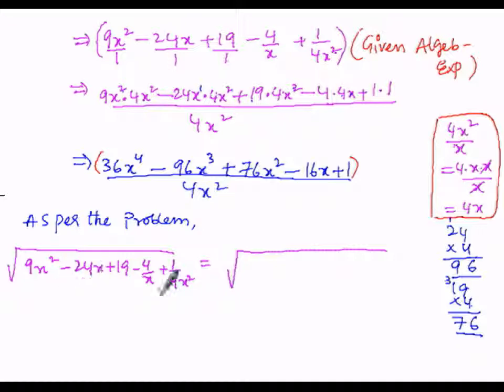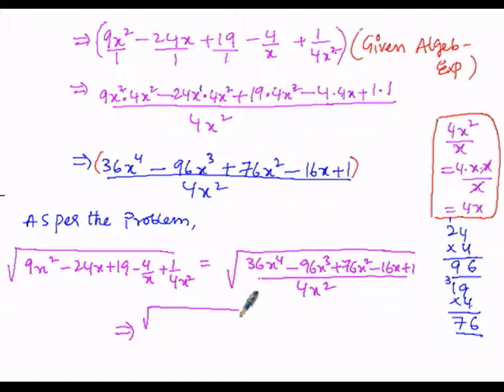After simplifying by taking LCMs, we got 36 x power 4 minus 96 x power 3 plus 76 x square minus 16x plus 1 overall divided by 4x square. We have to find the square root for both numerator and denominator, since square root is applicable for both.